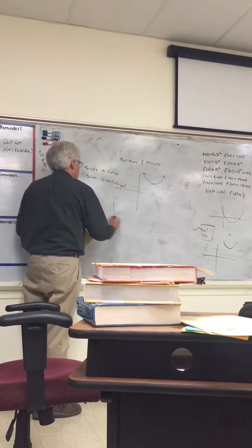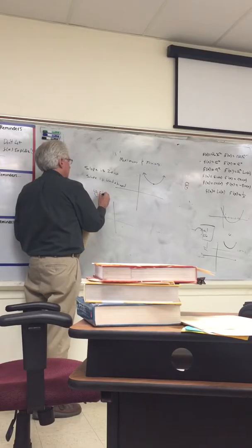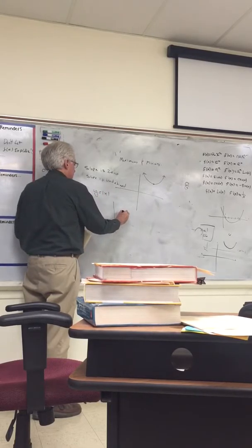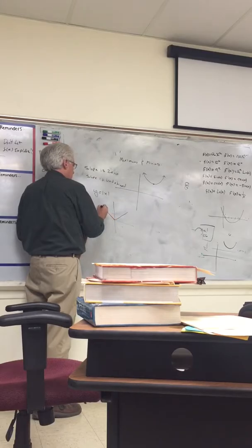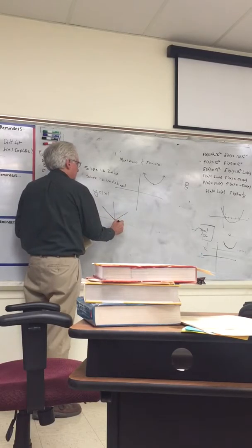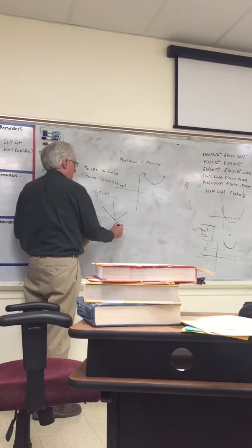All right, so let's look at y is equal to the absolute value of x. It looks like this. As you approach 0 from the right, what is the slope?